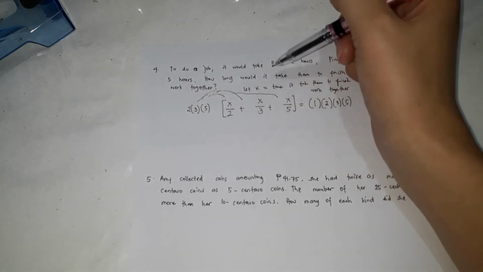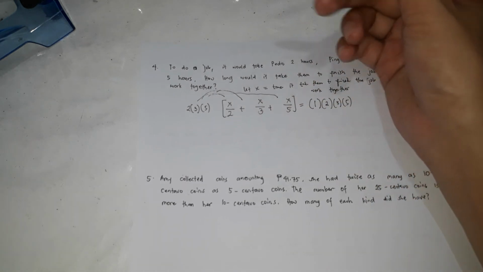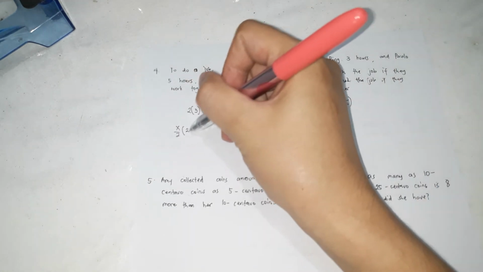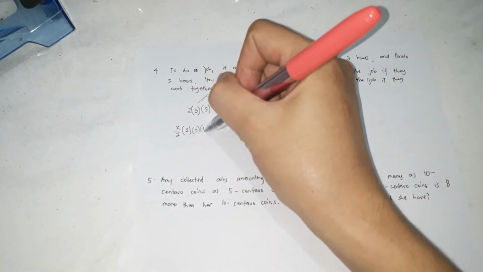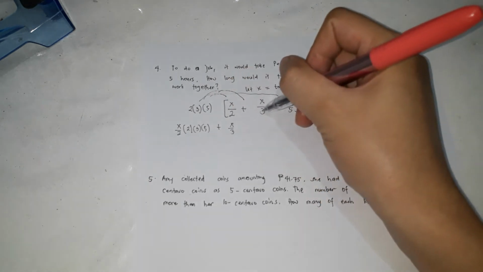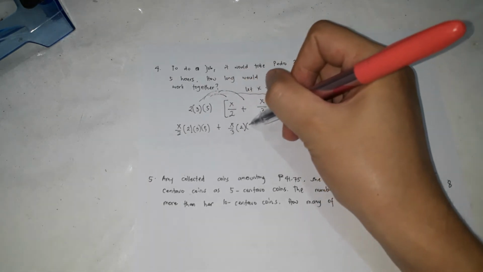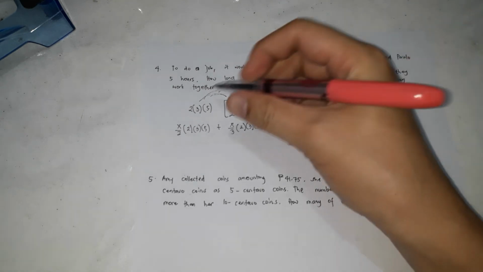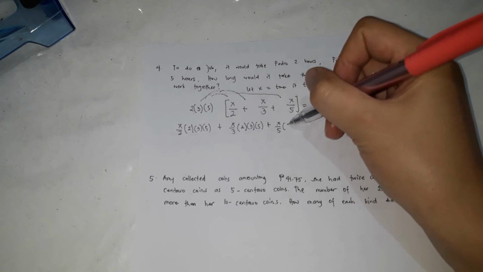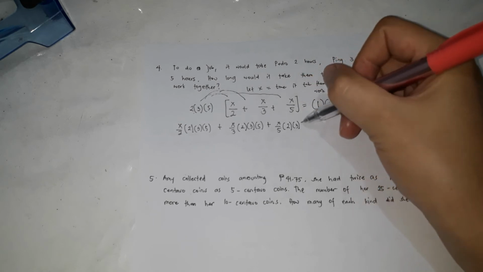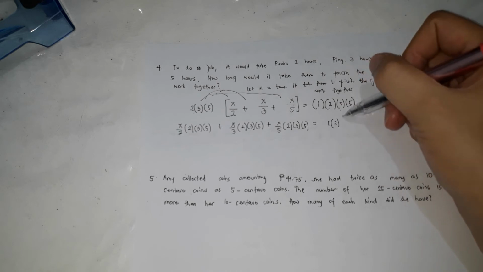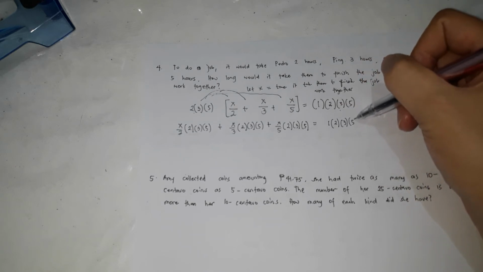So to make it easier, what we're going to do is like this. So x over 2, i-times natin kay 2, 3, at saka 5, plus x over 3, i-times natin kay 2, 3, at saka 5, plus x over 5, i-times natin kay 2, 3, at saka 5, equal to 1, times 2, 3, 5, just copy na lang itong sa dulo.